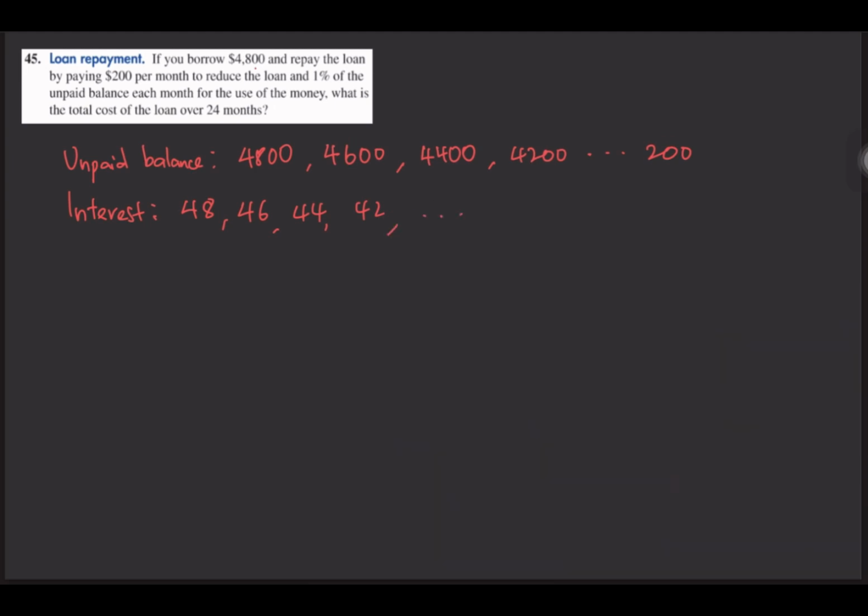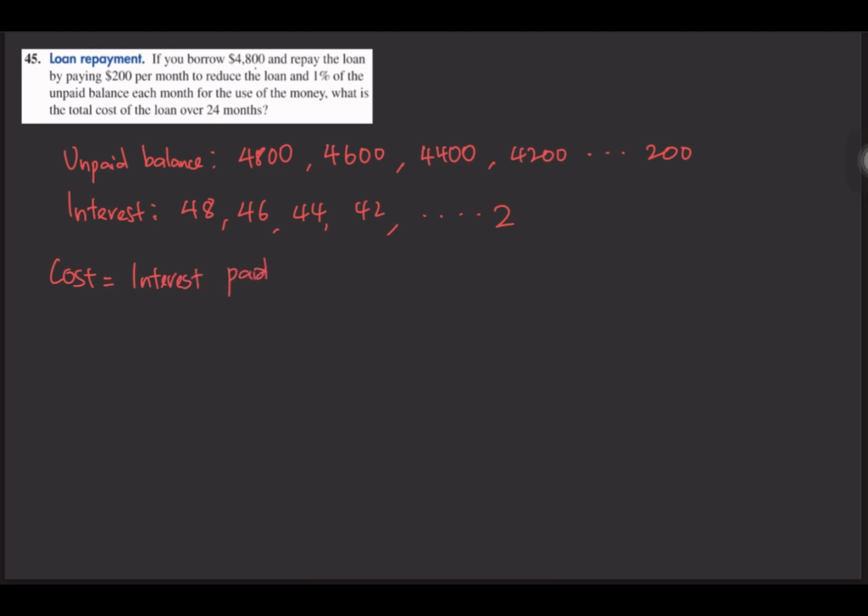Of course, for a balance of 0, you don't pay anything. Now that we've written the sequence out, what is the total cost of the loan over 24 months? They are not really asking you for the amount you have to pay back after 24 months. What they are asking is the total cost. The cost is the interest. Interest paid.